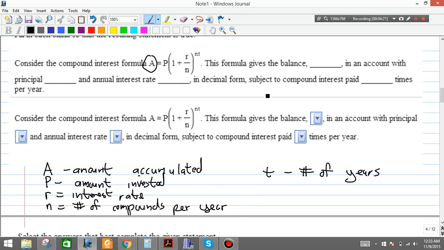Okay. So let's see how MyMathLab phrases this. This formula gives the balance in an account with principal. So the principal is P, the balance is A, the interest rate is R in decimal form, and the compound interest is paid n times per year for T years.